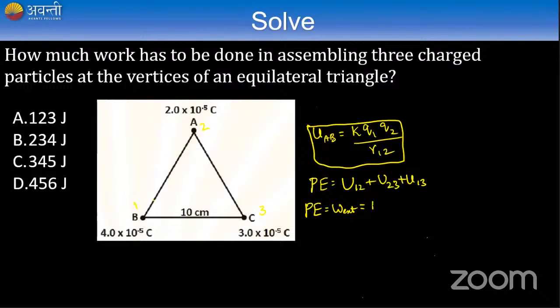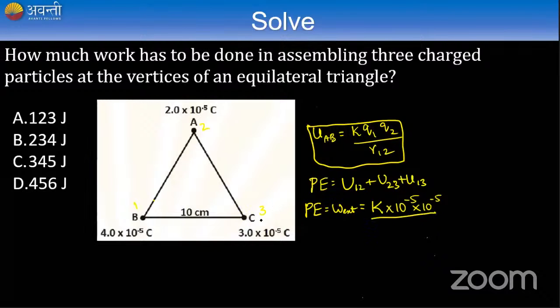Okay, what are the common things here in all three charges? When I'm finding UAB, the common thing is K, and one more common thing is 10 power minus 5 in all cases, right? 10 power minus 5 into 10 power minus 5, because I'm multiplying two charges, each charge has 10 power minus 5 coulomb. So I'll take that as common for both, divided by.